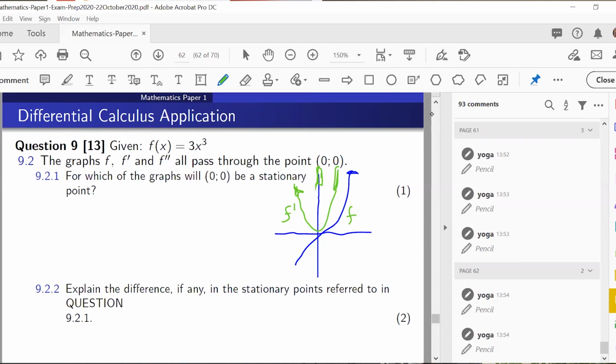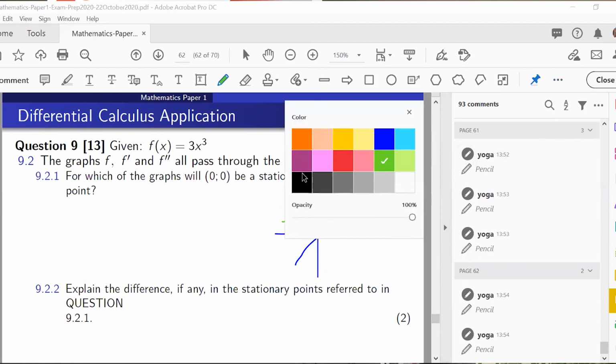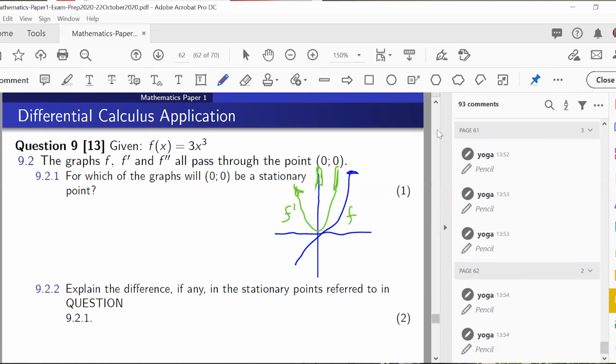Now the second derivative is simply a straight line. Let me use that color, because note that f of x is 3x cubed.